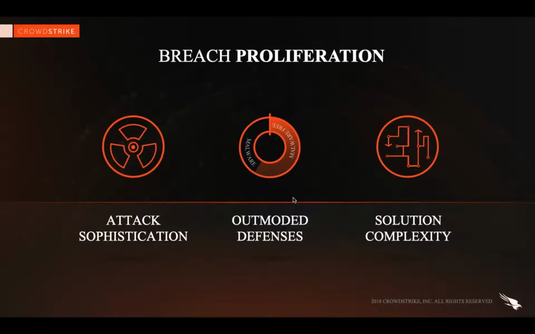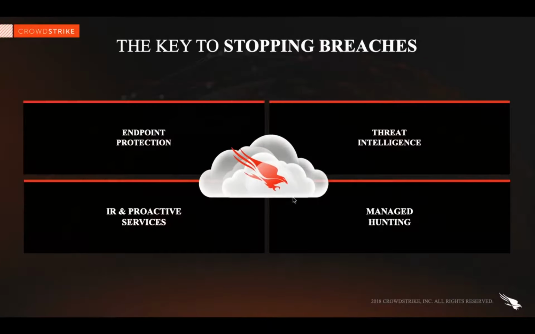So what we need at this time is an idealistic solution which can do all of these things in one single console, which is easy to manage, and which is not contributing to your local system performance, right? The main key to stopping all the breaches is to have the right endpoint protection in place, which would block any sort of attack directed towards your organization or your endpoint, right?